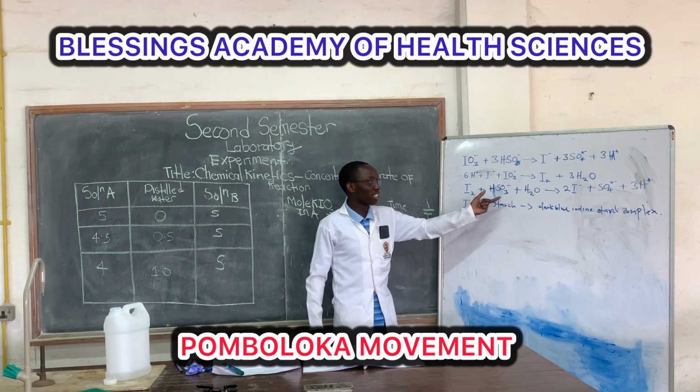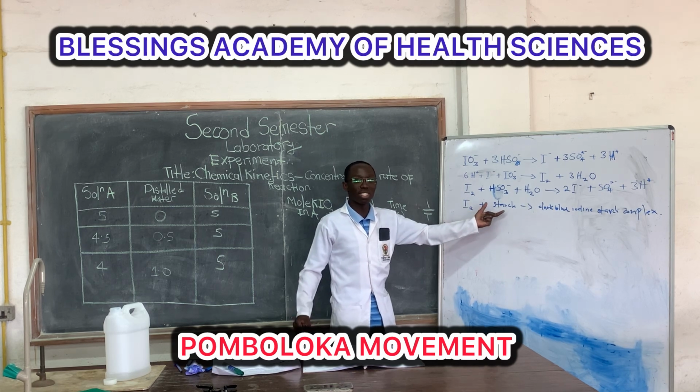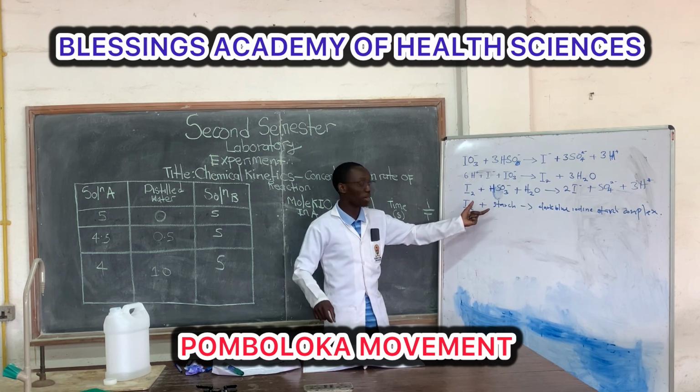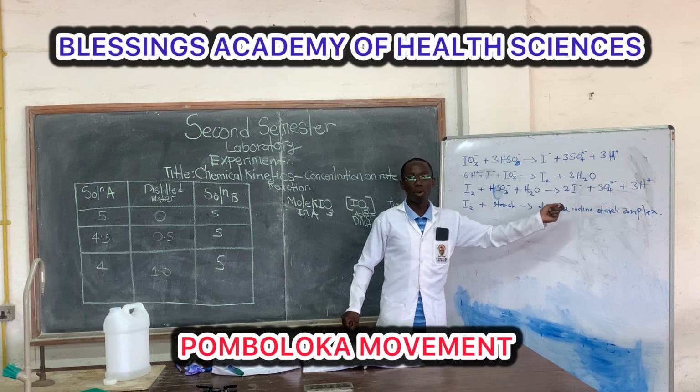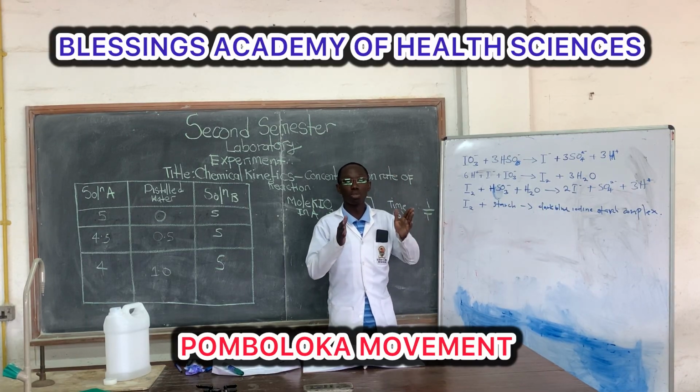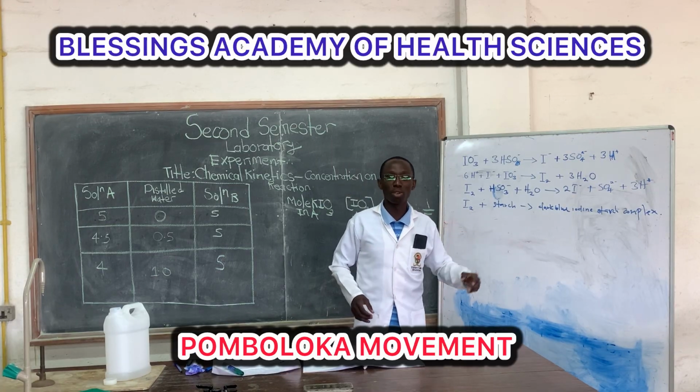Once it is depleted, there is now accumulation of the iodine. This accumulated iodine will react with the starch that is already in solution B, thereby forming a dark blue iodine starch complex. And that is how we are able to monitor our chemical kinetics in this iodine clock reaction.